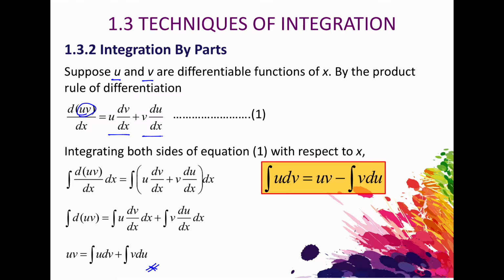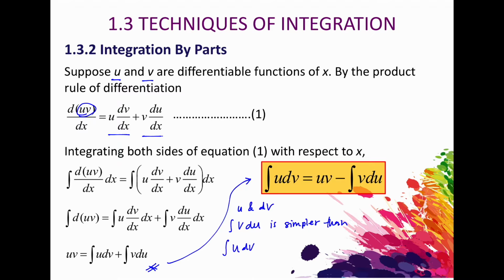So when we rearrange that, we get the integration of u dv on the left hand side, which is equal to uv minus the integration of v du. So the idea is to choose u and dv so that the integration of v du is simpler than the integration of u dv.